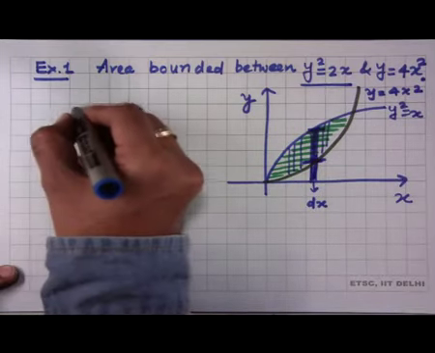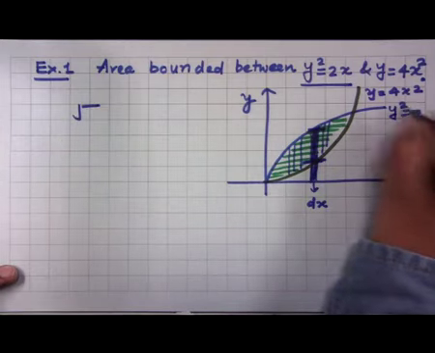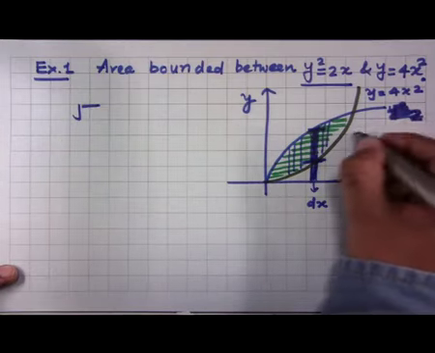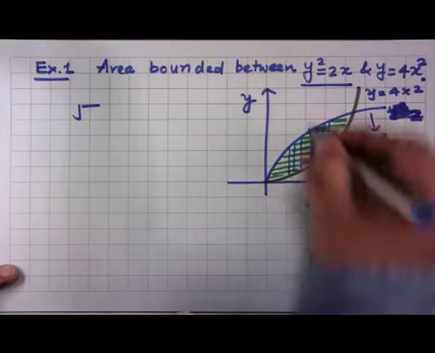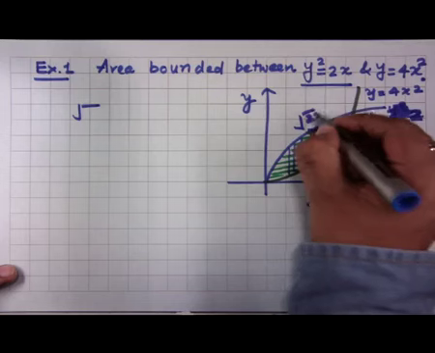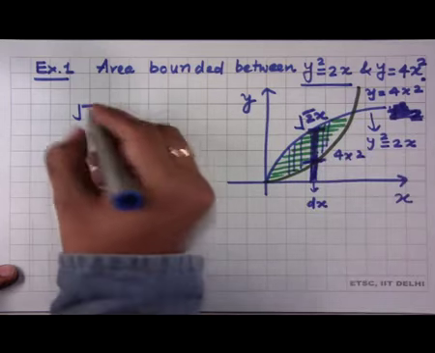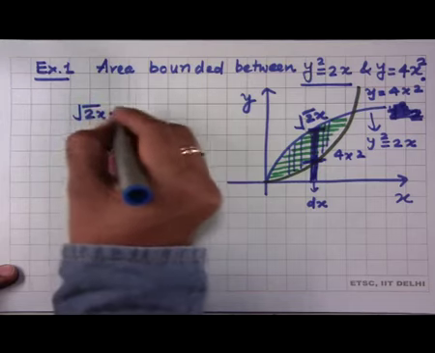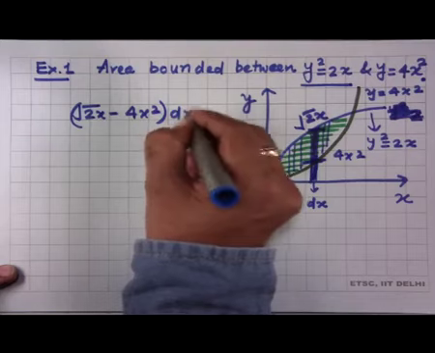So, y square equals 2x gives root 2x, and this is 4x square. So, elementary area will be root 2x minus 4x square into dx.